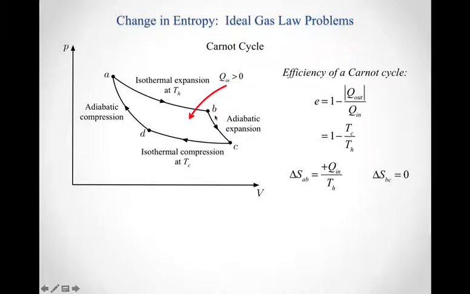From B to C, that's a reversible adiabatic expansion, so its entropy change must be 0. This is an isentropic process.